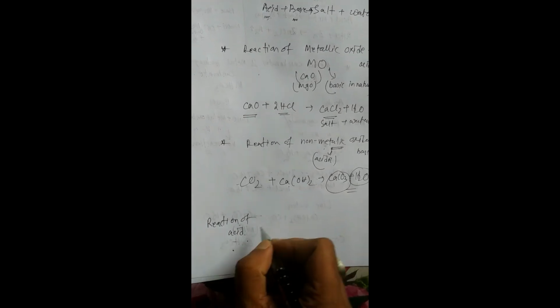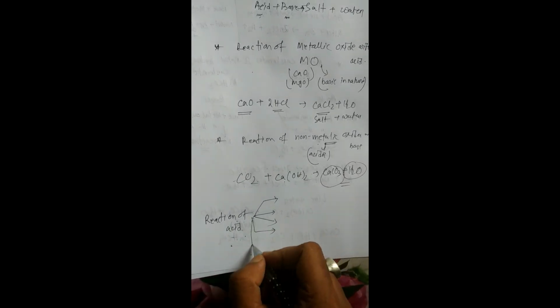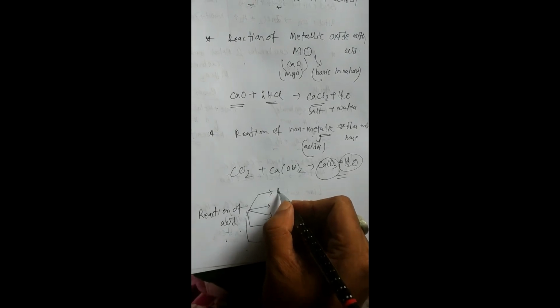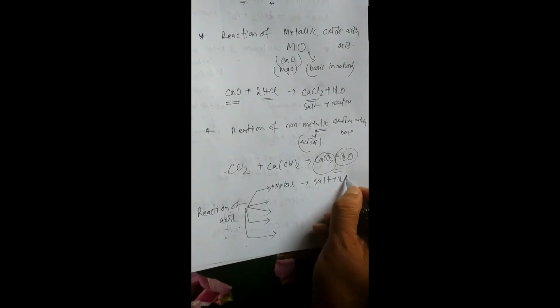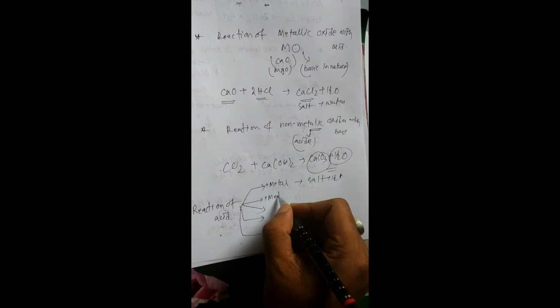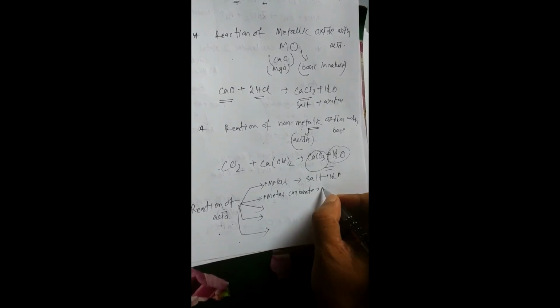So if we make a chart like this, of the reactions of acids, 1 2 3 4 5: acid plus metal will provide salt plus hydrogen gas. With metal carbonate it will produce salt, carbon dioxide and water.